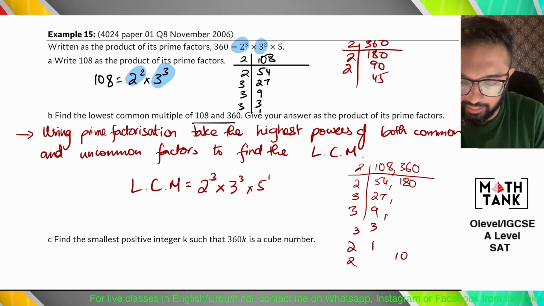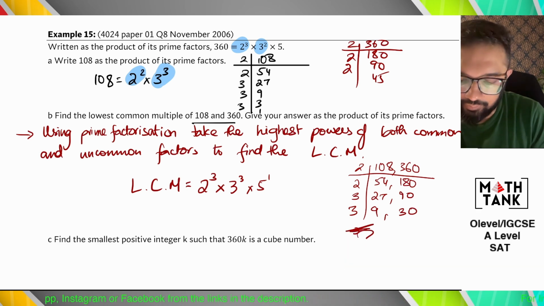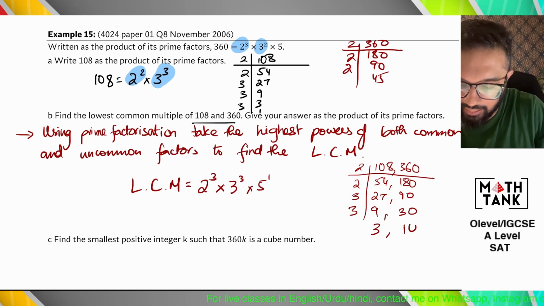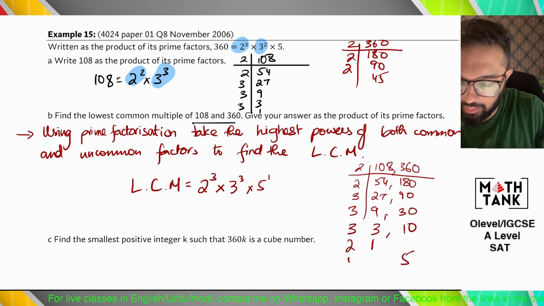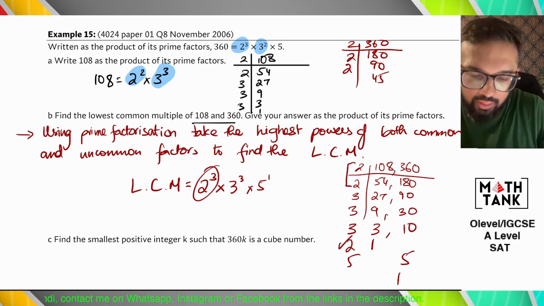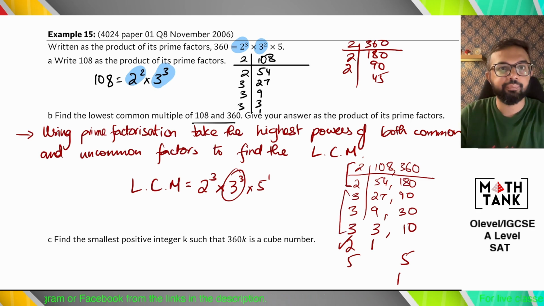Oh, that's supposed to be 90. So that's another common factor. Then 3 and 10, then another 3, and then 2 and 10. Okay, that gives you 2 cube. That's here. That's 3 cube. That's also here. And then 5.